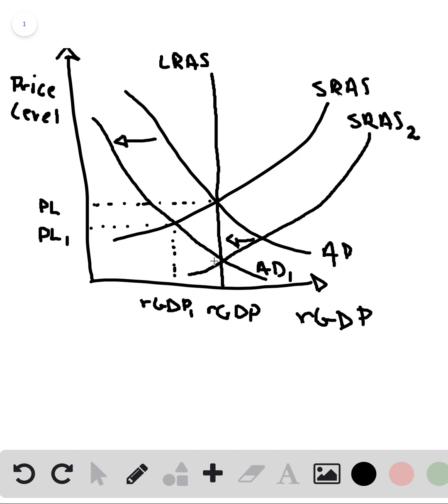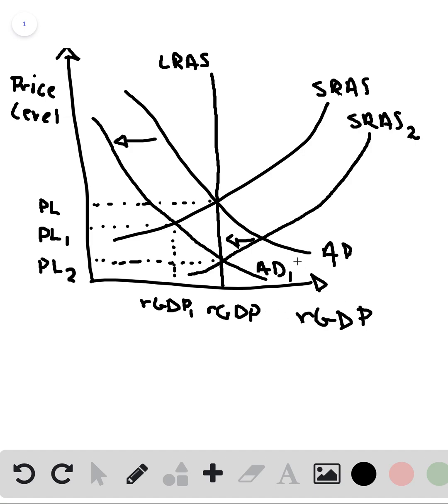So over here, we have a new even lower price level, which is PL2, and we are back to our initial real GDP there.